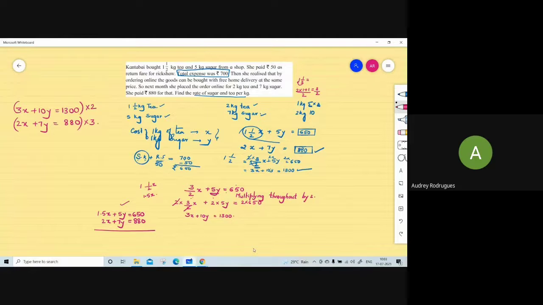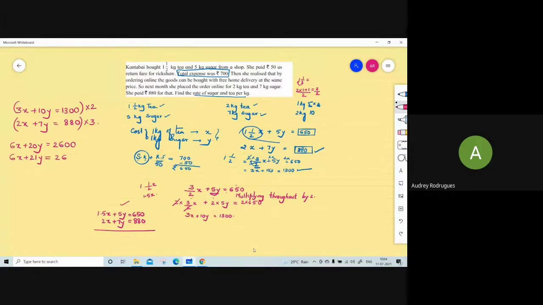So it becomes 6x plus 20y is equal to 2600. That's fine, Ankit. The next one I'm multiplying by 3, so I will have 6x plus 20y. One minute, I'm solving it. If I go wrong somewhere, then you'll stop me.